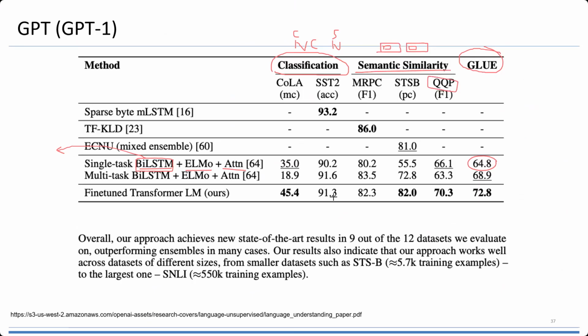Among those metrics, this achieves the highest, but in some cases, like the multitask BiLSTM Elmo with attention, it is still superior. This is GPT-1, but now we have GPT-4. Of course, the performance is higher than this one.